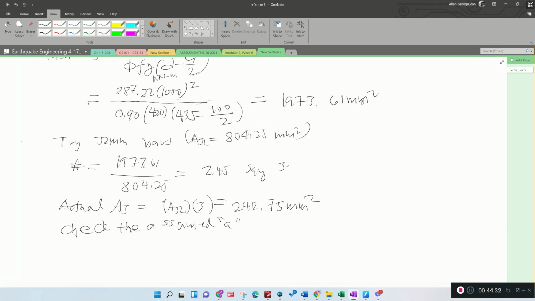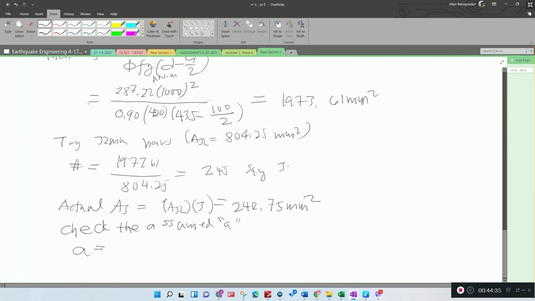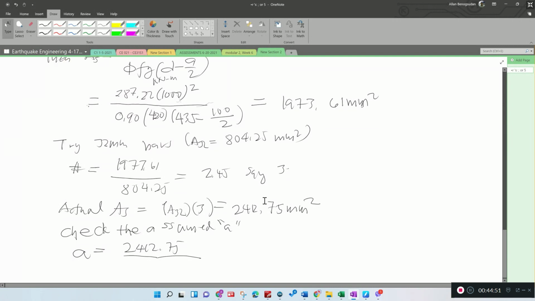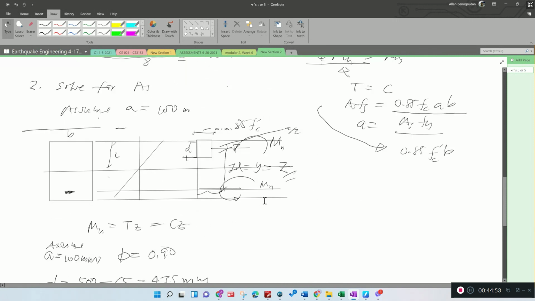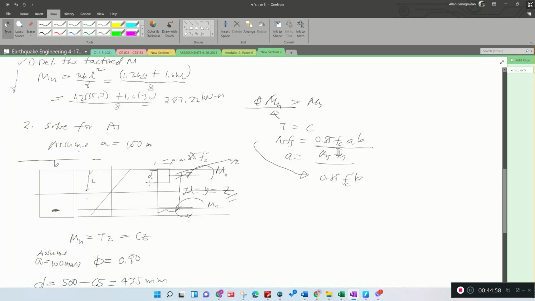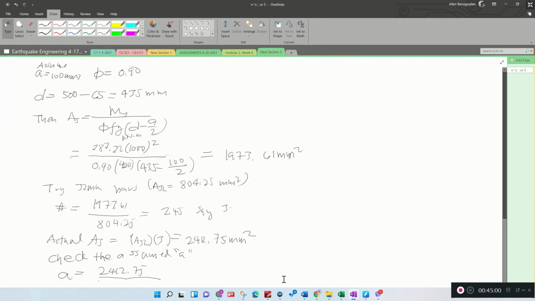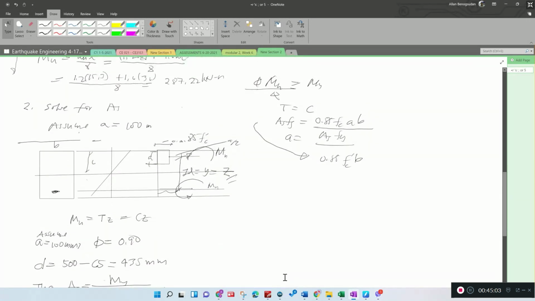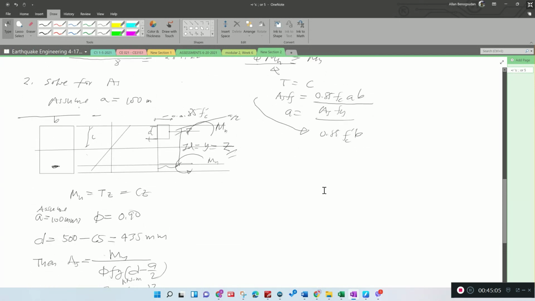So A is equal to 2412.75. Then divide by what I placed earlier, the equation of A. This is the A that you will use.